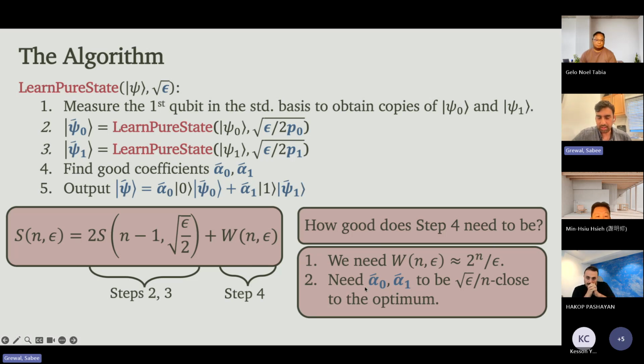And our choices of amplitudes, alpha 0 hat and alpha 1 hat, need to be root epsilon over n close to the optimal choices. I'm not going to show you these calculations. They're not too hard to do. But this is the target that we need to hit for this whole proposed algorithm to work. These are the main missing pieces, essentially this step 4.